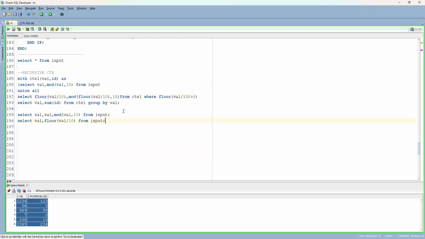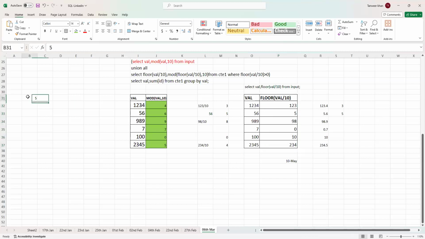Floor, see, I'm calculating for 56 divided by 10, it will be 5.6. Floor will be 5.